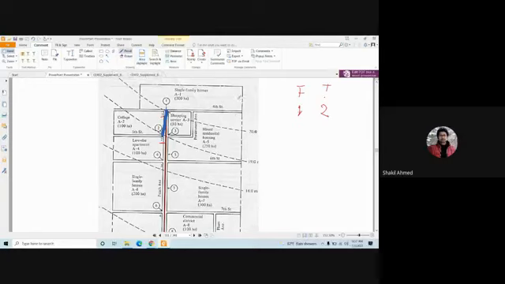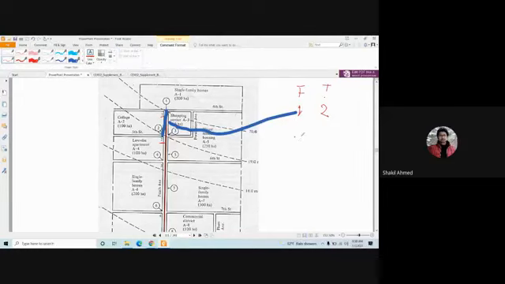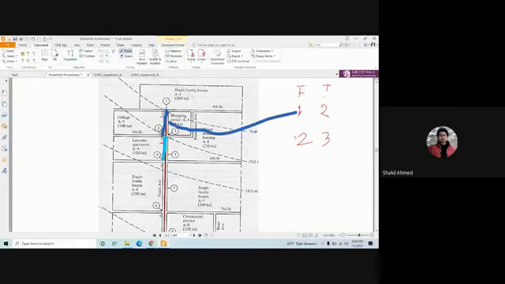So 1 to 2 is actually this pipe. If I tell you 2 to 3, that means I'm referring to this 2 to this 3. So this pipe, 2 to 3. Clear? Yes, sir.